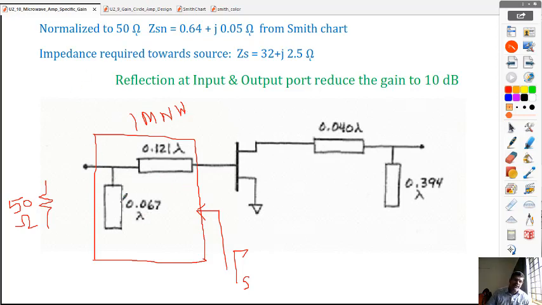This network consists of one open circuited stub and one series transmission line which connects the input terminal of the device with the source. So our aim is to compute the length of the series transmission line, that is 0.121 lambda, and then we have to compute the length of the open circuited stub using the Smith chart. So this one can be done.